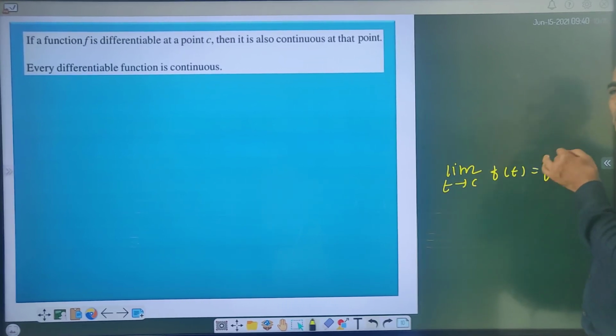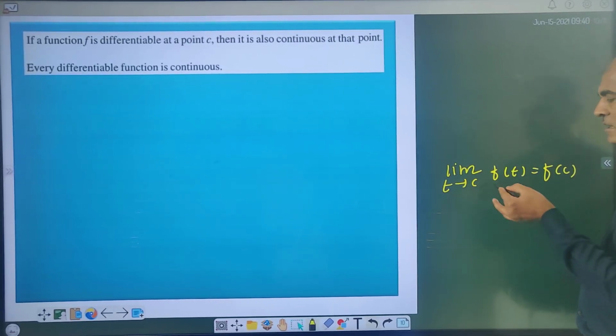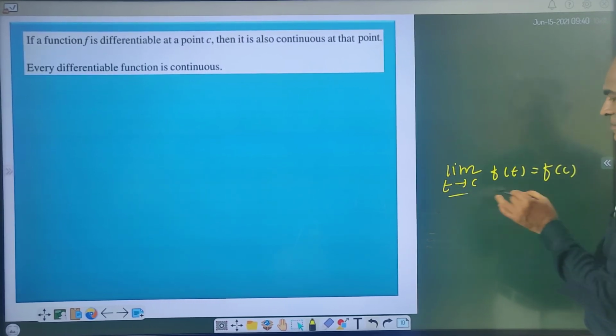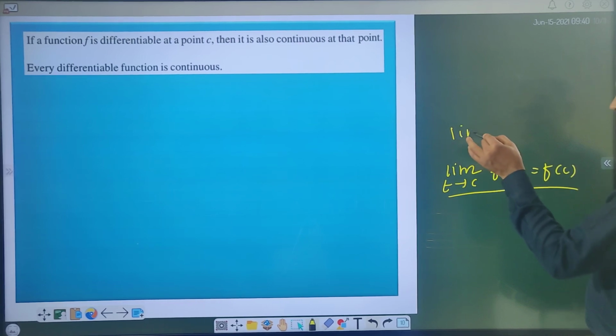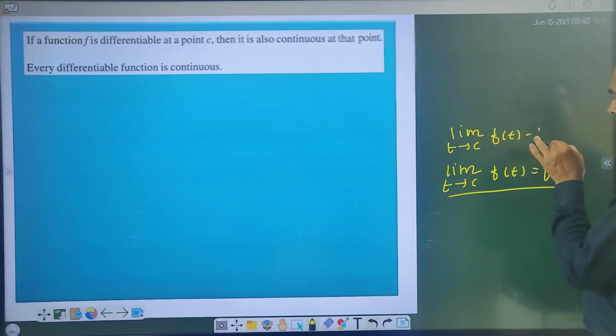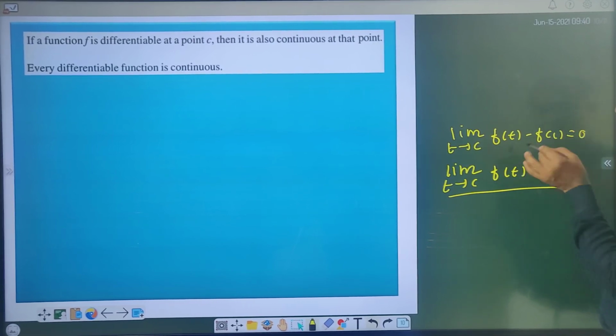And to show this, limit t tends to c, f of t minus f of c is equal to 0. Yes, we can write it.